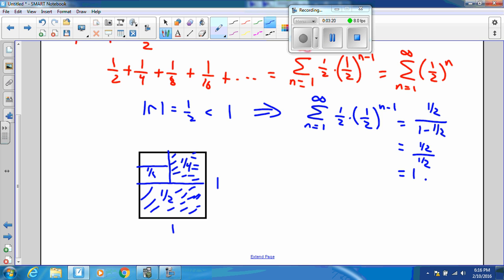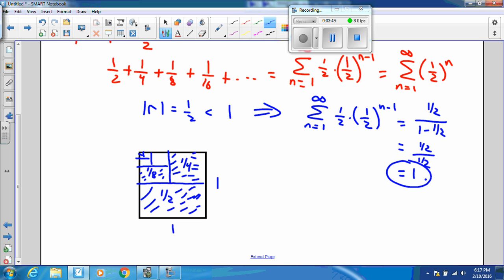And then take the part that remains and divide it into 2 equal parts, and what you get is 1/8. And if you continue this process forever, what you will be doing is adding up half and half and half. There's half again, that's 1/16, 1/32, 1/64, and so on. And when you add up the entire thing, then geometrically what we're saying is that the sum of all of these pieces adds up to one whole square. Ta-da.